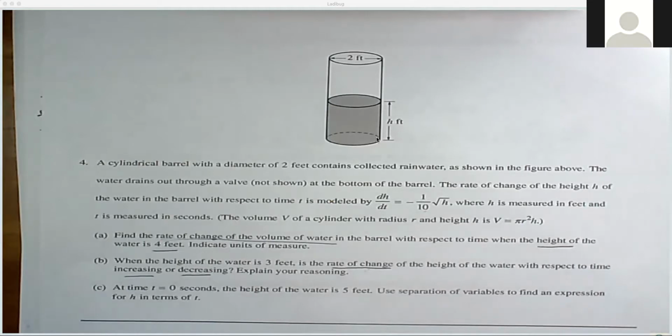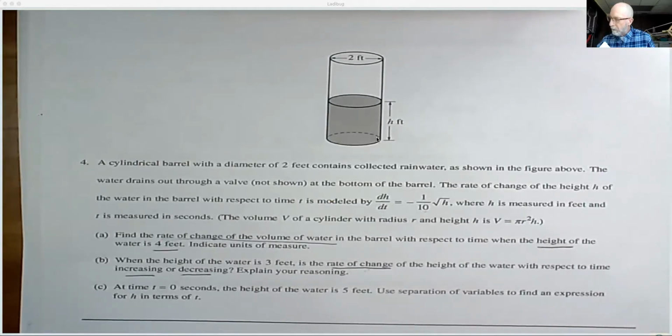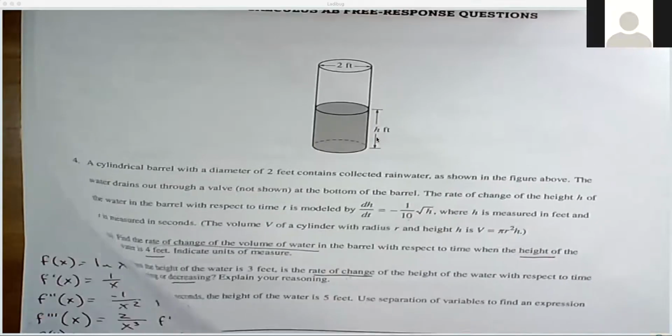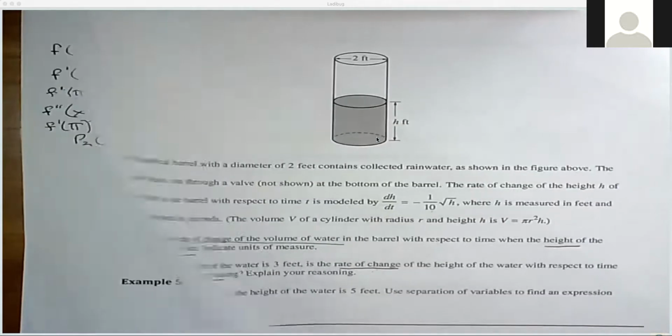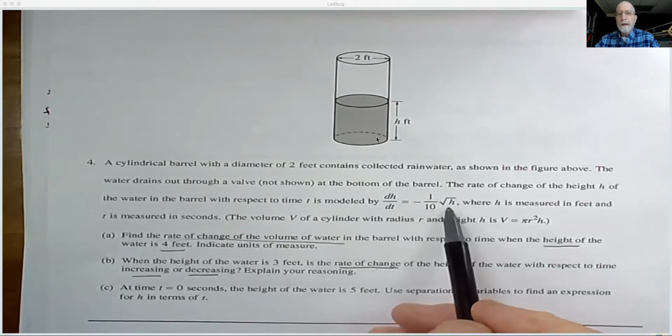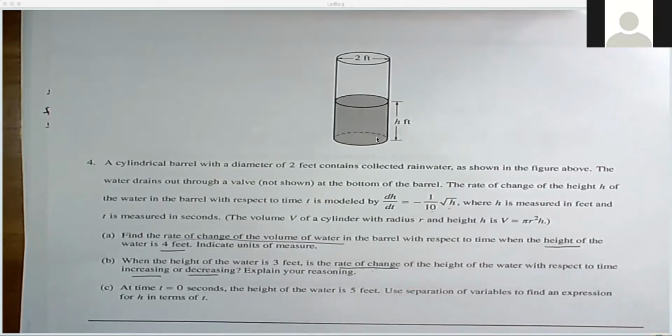Yeah. Okay. So what do you think I need to do to show my work on this one? So you plug 3 in for the height and compare it to the other rate of change to see if it's greater or less. Do you want me to still plug 3 into here? I'm not sure.